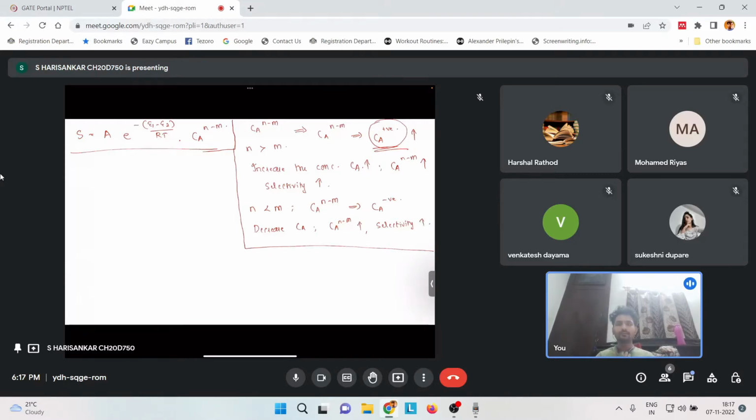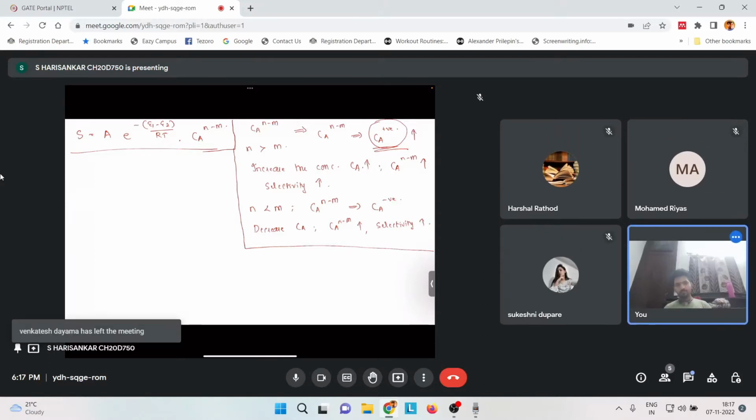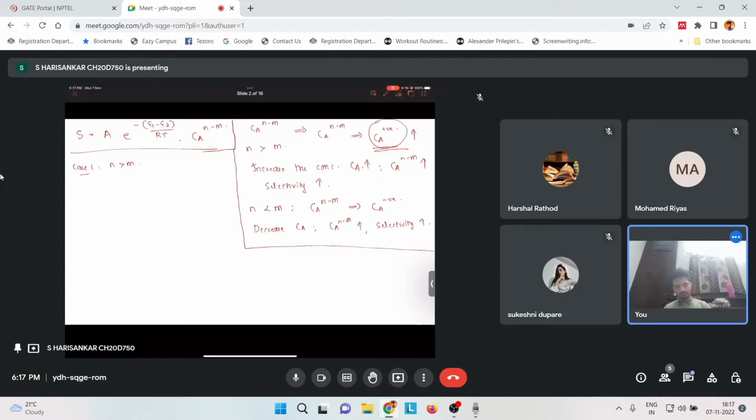So it doesn't change, so we can't change the activation energy as such. So what we can do is change the temperature based on the activation energies. So let's take case 1, N is greater than M. Oh sorry, we have already looked at this, right?